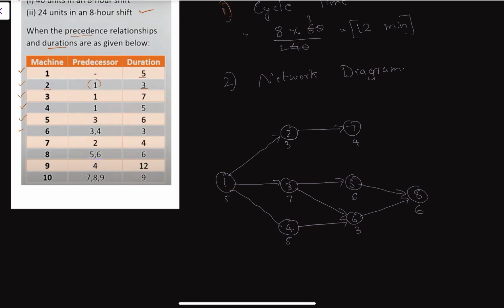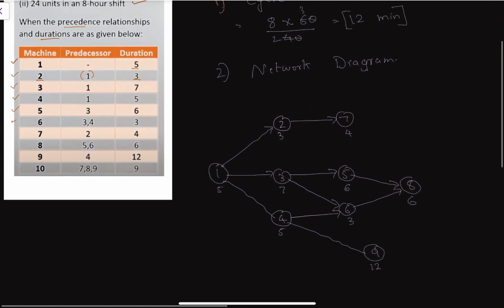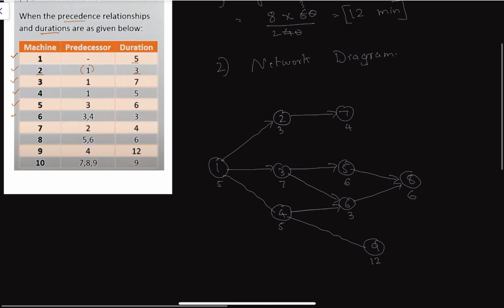And then you have the ninth operation. It will start after 4, and the duration is 12 minutes. And then you have the 10th operation, the last operation. It will start only after 7, 8 and 9.